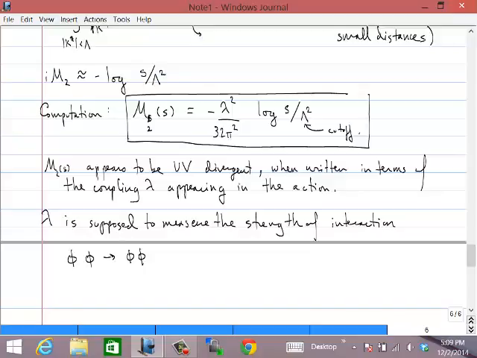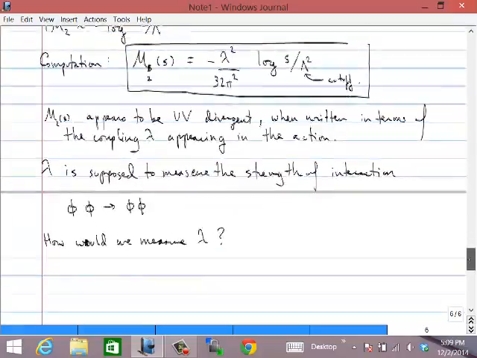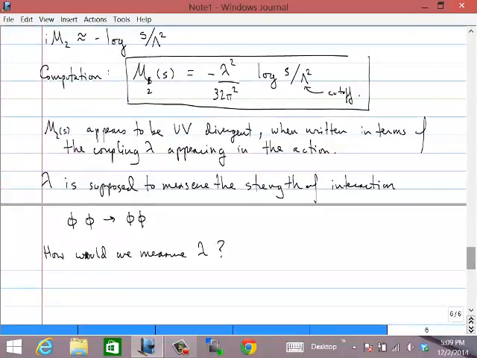So what sort of physical process would you perform in order to measure the value of lambda? Well, one of the processes that you might perform is you might study 2-to-2 scattering. So if you think about how we would measure lambda, one perfectly reasonable definition is to define it to be the value of the 2-to-2 scattering amplitude at some particular energy scale.